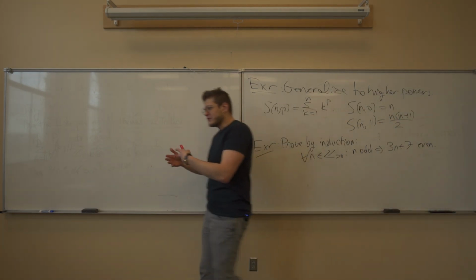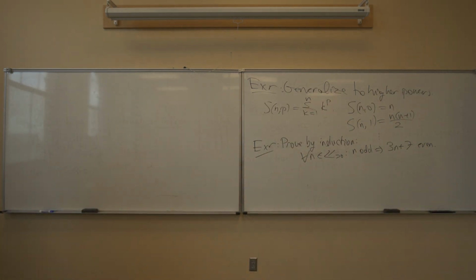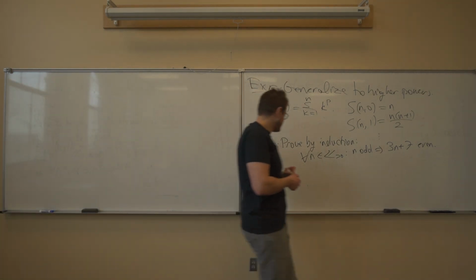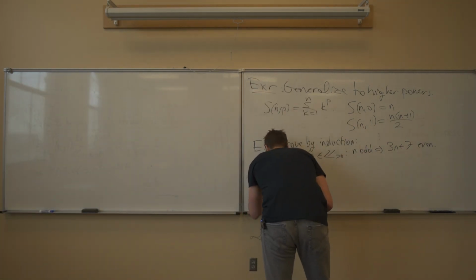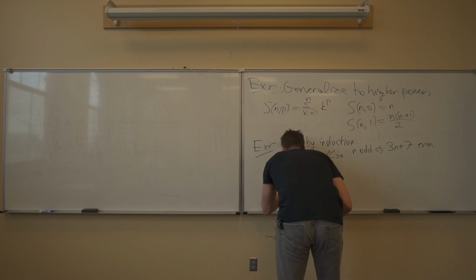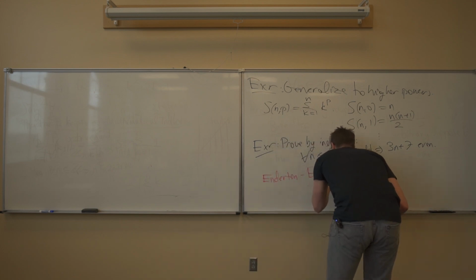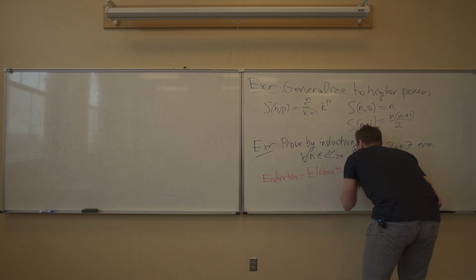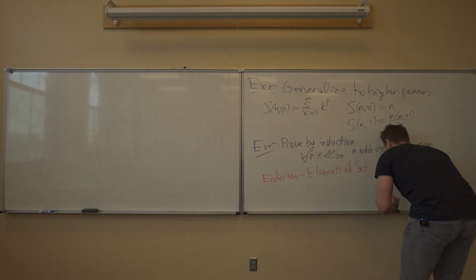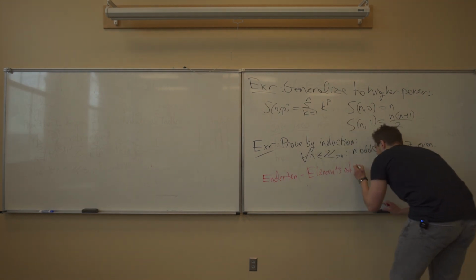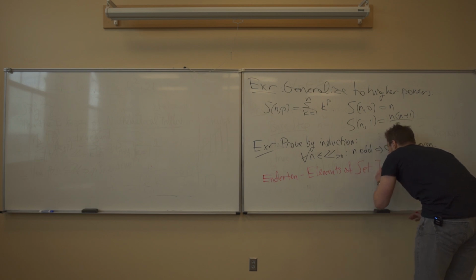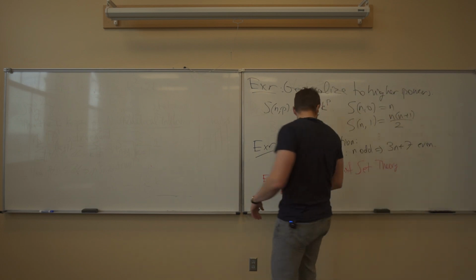So it's almost like assembly code. It almost doesn't make sense, but ultimately things are formalized that way. So I would suggest having a look at this book, Enderton, Elements of Set Theory, for more foundational matters.